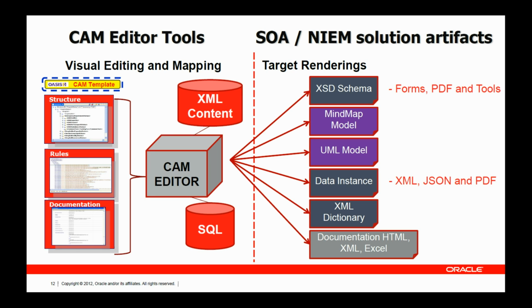And then, of course, these ancillary pieces that you may want to create to help document and complete the Exchange information, model, dictionary, HTML documentation, spreadsheets, and so on. So the editor is capable of creating all these for you. We only touched on these. We have other videos which can go into more detail on that for you.